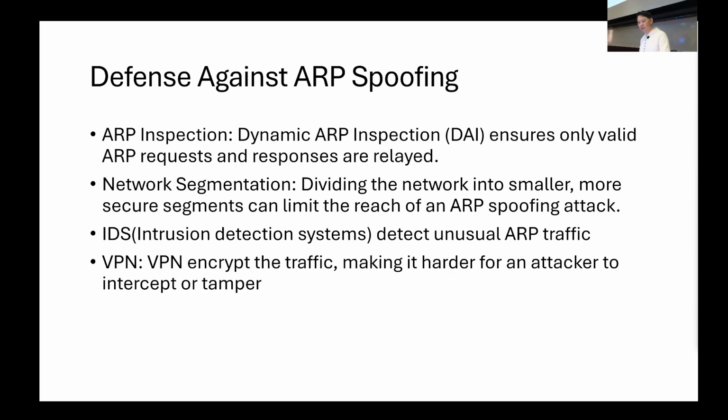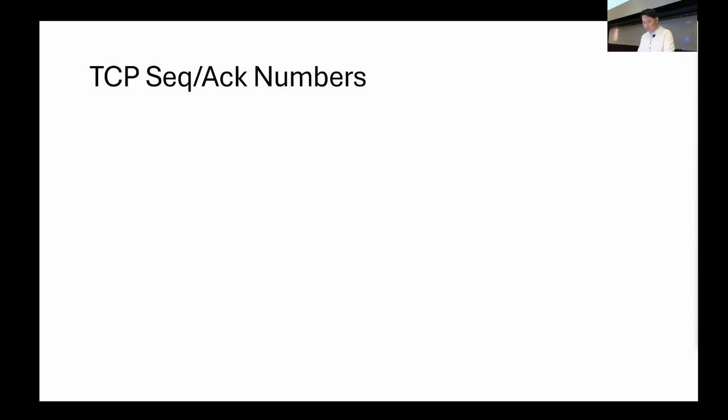So in the real world it's not easy, but let's review how to predict the sequence number and acknowledgment number in level 14. So you can do that and get a flag.